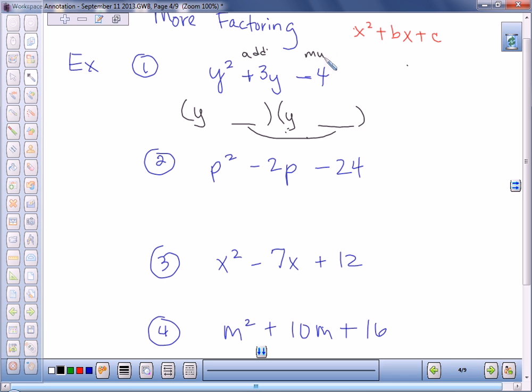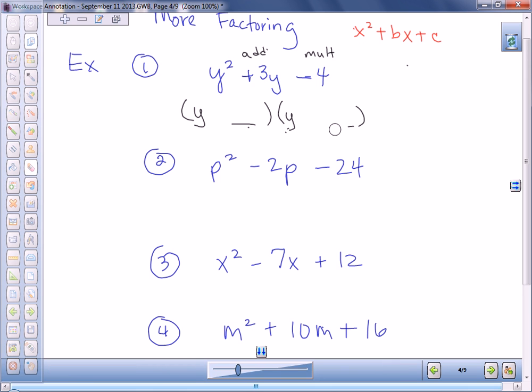So when we are factoring a quadratic trinomial with a leading coefficient of 1, all you have to ask yourself is what two integers can I multiply to get the last term that I can add to get the middle term? What can I multiply to get negative 4 that I can add to get positive 3?